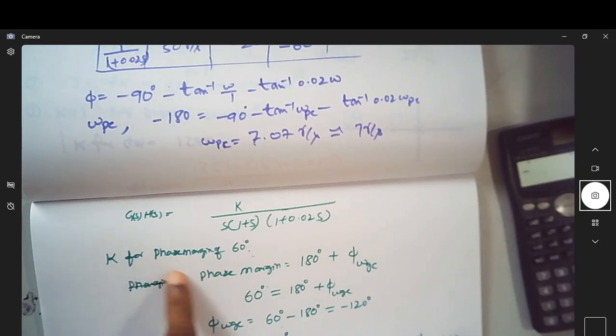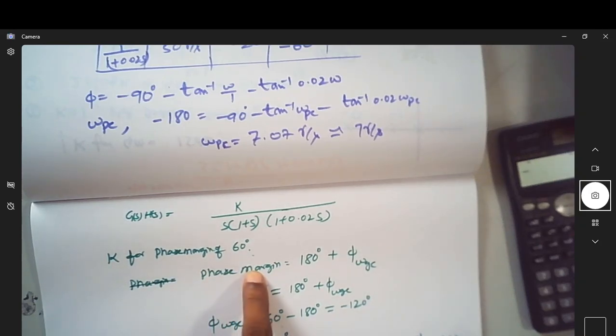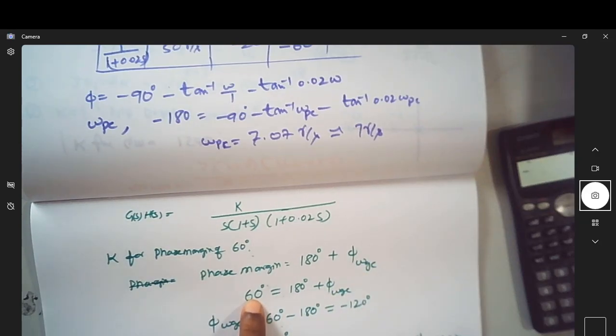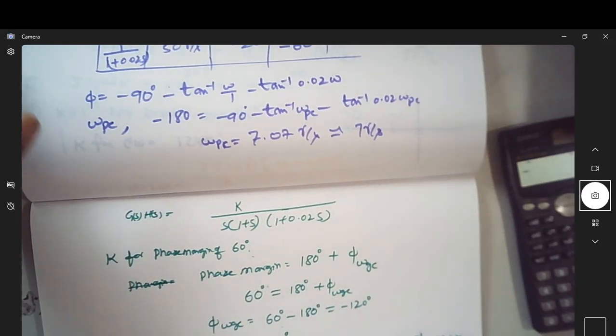Now we know that phase margin is given by 180 degrees plus the phase at omega GC. We know what phase margin is required, so we are trying to find the phase at omega GC, which happens to be minus 120 degrees.